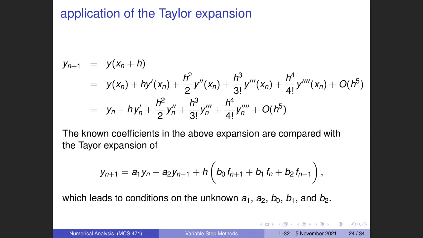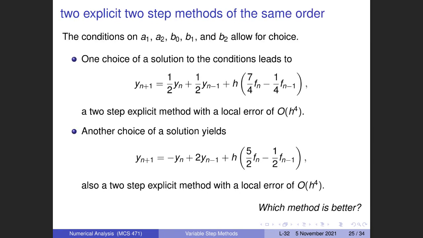And by applying then the Taylor expansions further to the Fn plus 1, the Fn and the Fn minus 1, one can derive conditions on the unknown coefficients. So let us not explore this Taylor series expansion, but let's now try to judge which methods are better.